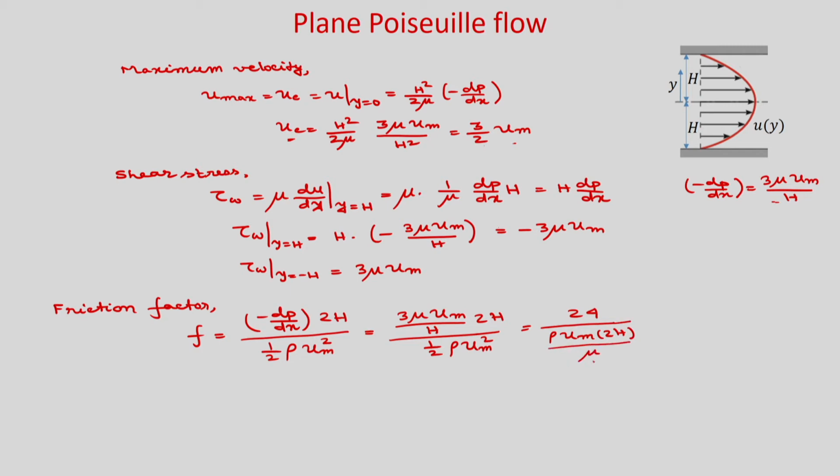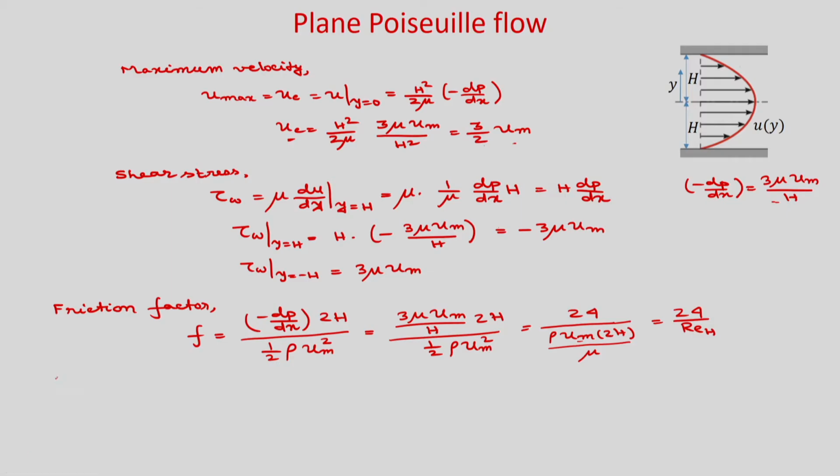You can see this is your Reynolds number based on the mean velocity and the channel height, then you can write 24 by REH. So, friction factor we have represented in terms of the non-dimensional Reynolds number based on the channel height. So, friction factor F is equal to 24 by REH.